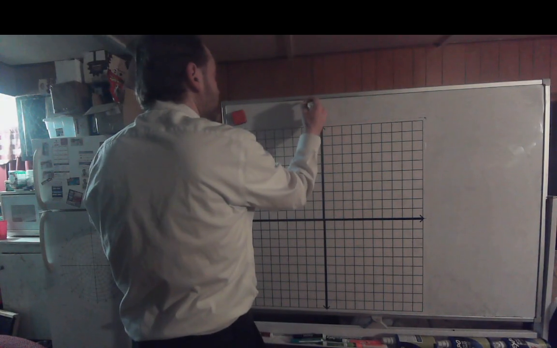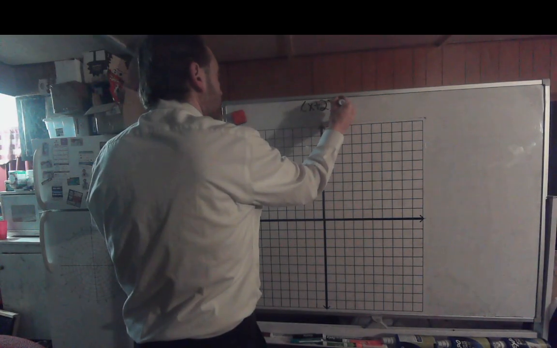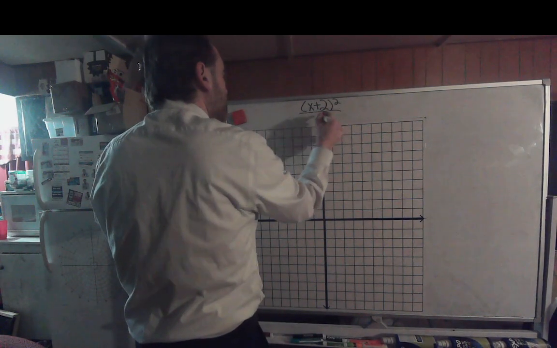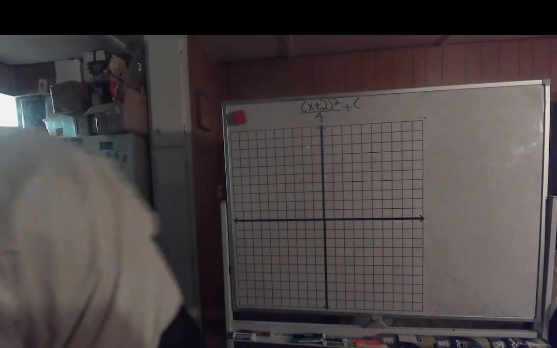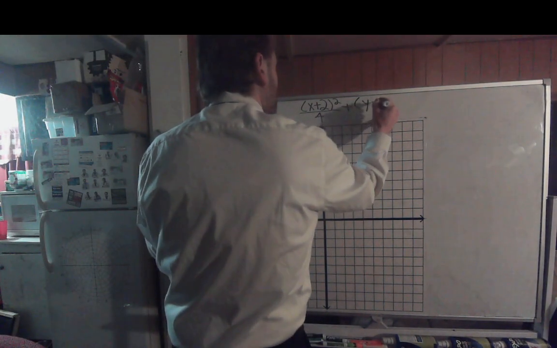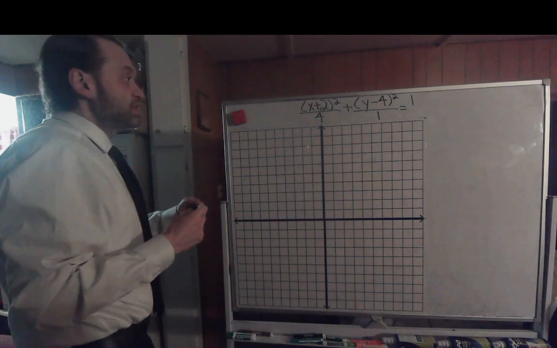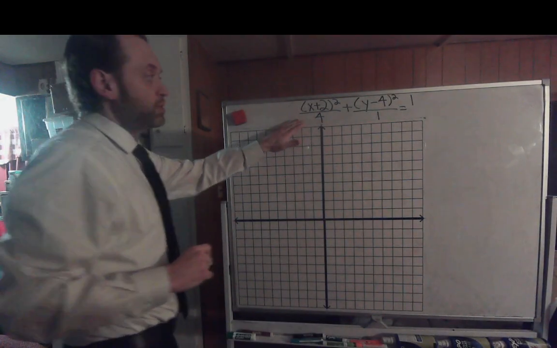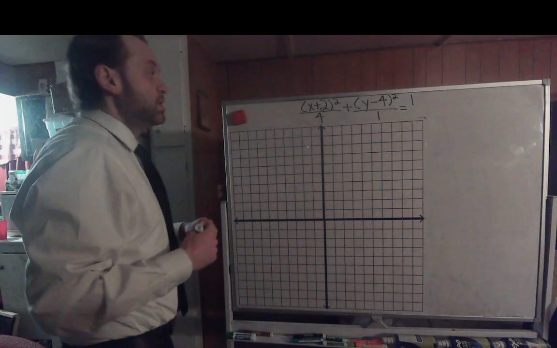What if I took x plus 2 squared all over 4 plus y minus 4 squared all over 1, set that equal to 1. So I have x plus 2 squared all over 4 plus y minus 4 squared all over 1 equals 1.